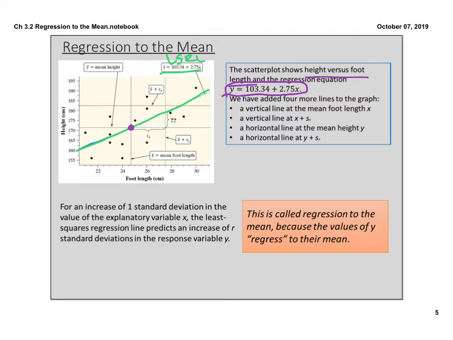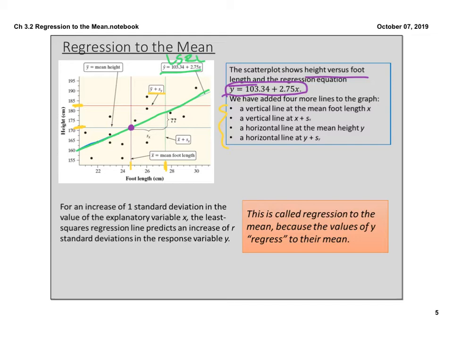So what they did here is they added a couple of extra lines just for us to visually see what's happening with our means. So the vertical line at the mean of the foot length X, that's this. Then you have a vertical line at X plus 1 standard deviation. So this is 1 standard deviation of X away. Then here's your mean of Y, and here's 1 standard deviation away from your mean of Y. So mean of Y plus standard deviation.